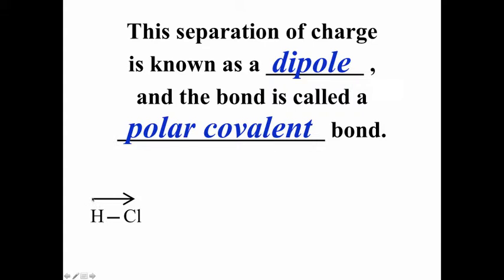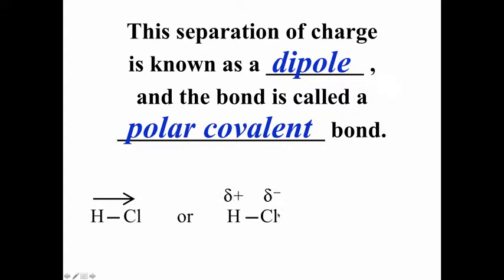And how we represent a polar covalent bond is one of several different ways. One is we draw an arrow pointing from the atom that has the slight positive charge towards the atom that has the slight negative charge. So it's kind of the direction the electrons are being pulled in. We can also do a delta plus and delta minus above the atoms as appropriate. The atom that has the slight positive charge gets a delta plus. This is the lowercase Greek letter delta, and it means partial charge, not a full charge.